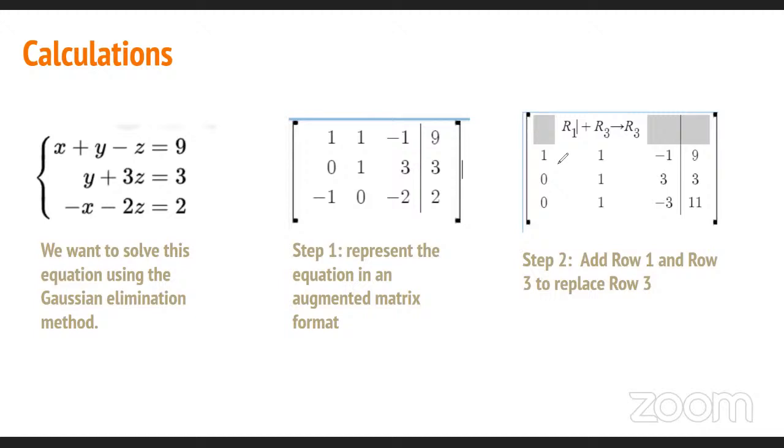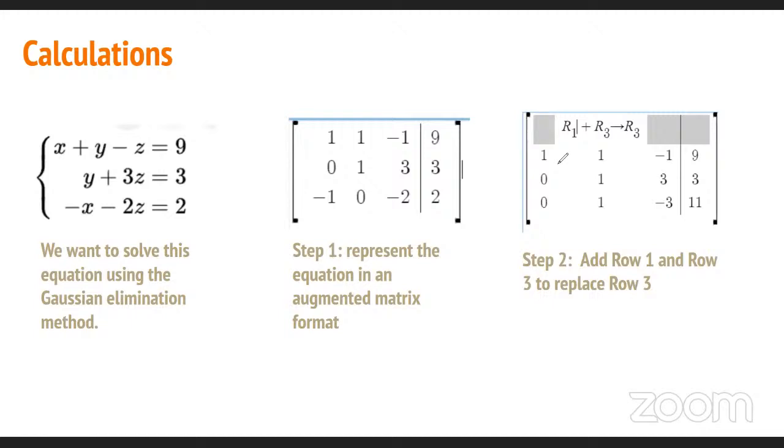From my own workings, I'm taking this step. Somebody else might decide to add row 1 and row 2 to give the result that is needed. Basically, the purpose is to get the results needed, which is the goal of this whole process, Gaussian elimination.